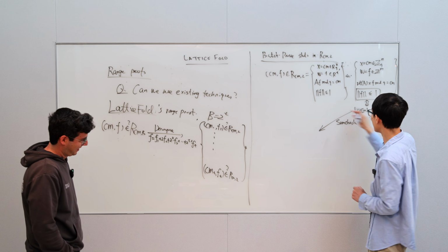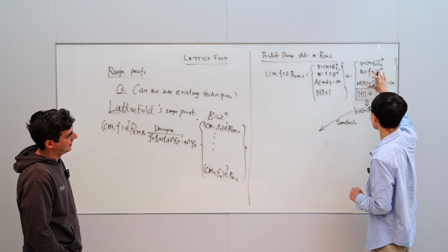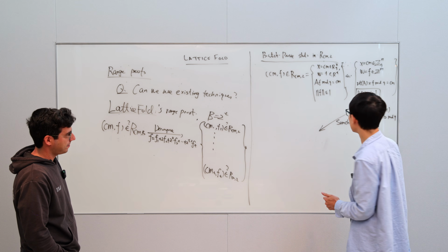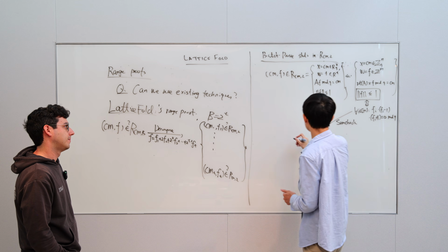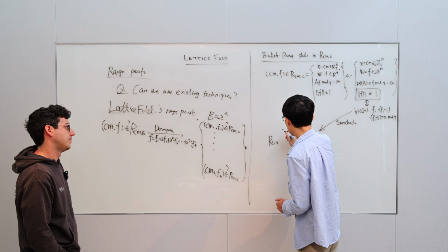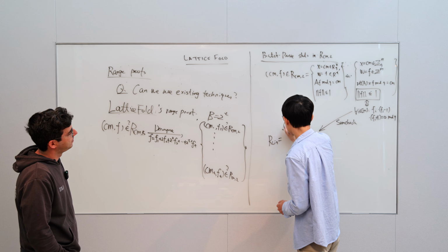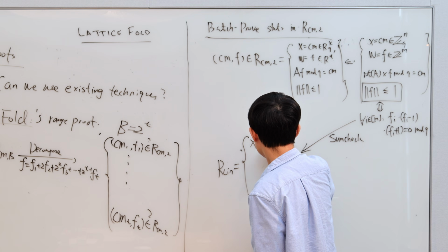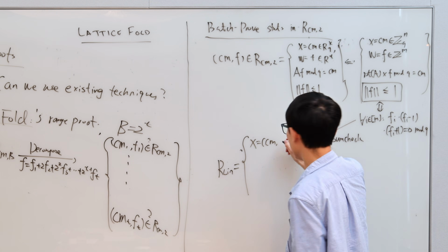But by running this very efficient sum check protocol, you can reduce this relation into a much simpler relation, which is now a linear relation that adds some kind of evaluation statement.